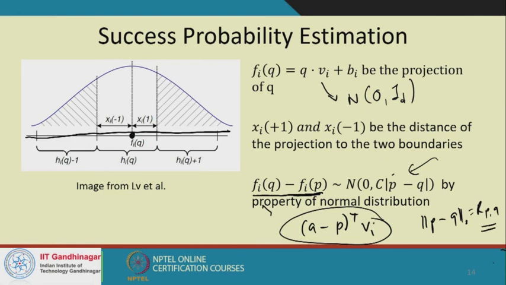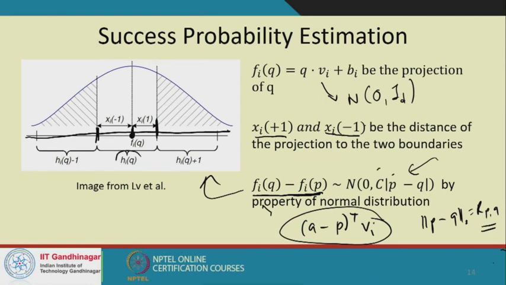So let me draw this here. Here is f_i(Q), and I'm drawing the distribution of the random variable f_i(P), so it's a Gaussian centered at f_i(Q), and the variance depends on the norm of P minus Q. Remember, we bucketize these projections into buckets of length W. So let's say these are the boundaries of this bucket.